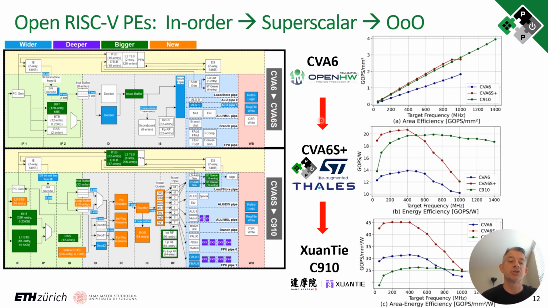And here you see the evolution from a simple application processor that can run Linux but with a single issue architecture to a multi-issue superscalar architecture developed in cooperation with my team and several European companies, as well as an out-of-order superscalar architecture actually leveraging the Xuantie T910 designed by T-Head and Alibaba in this combined work that we are now working on, so that we can provide several flavors, of course leveraging open source hardware that we develop, but also that other companies and research institutions are developing.